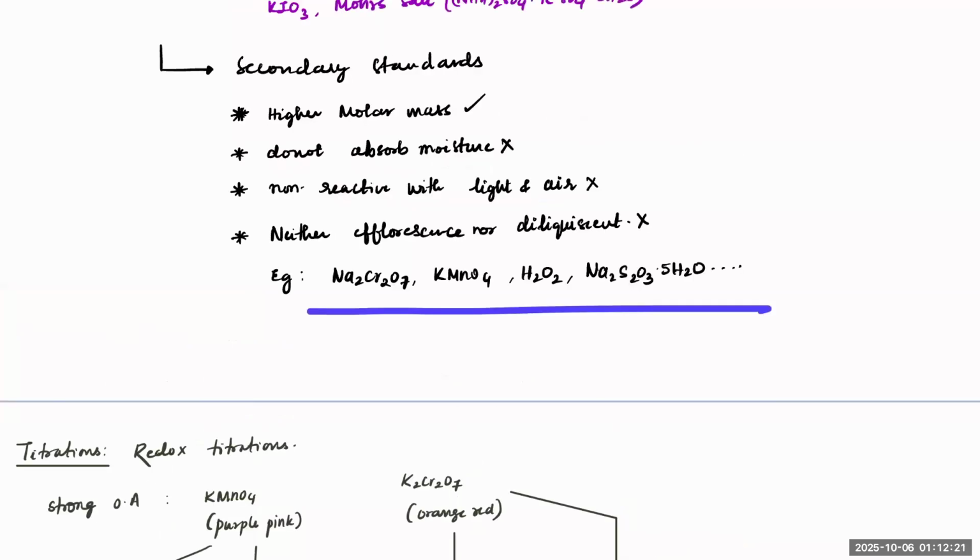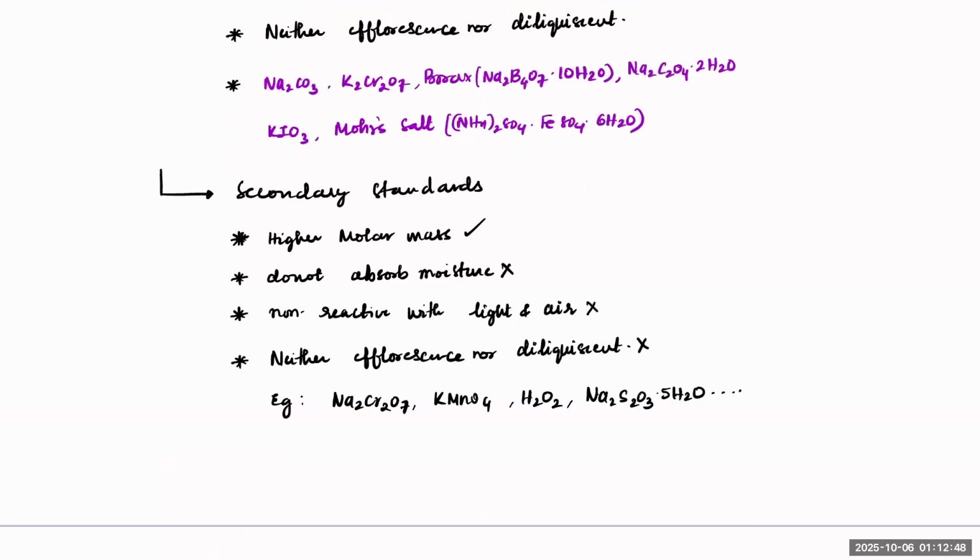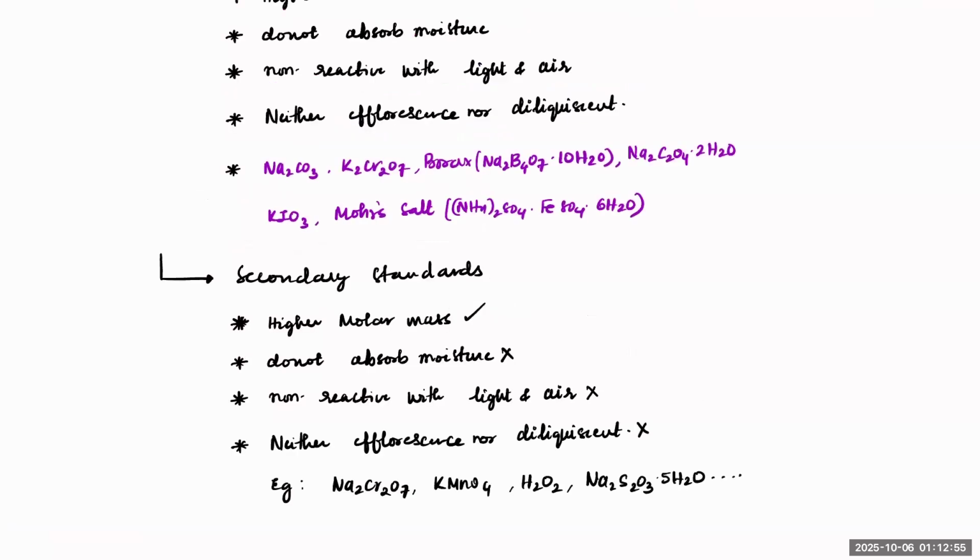They are all secondary standards. In fact, a lot of them exist because the majority of compounds usually decompose in air and in the presence of light. That's why we can have lots of secondary standards, but primary standards are something which we need to remember properly. And these are some examples. Done, everybody?